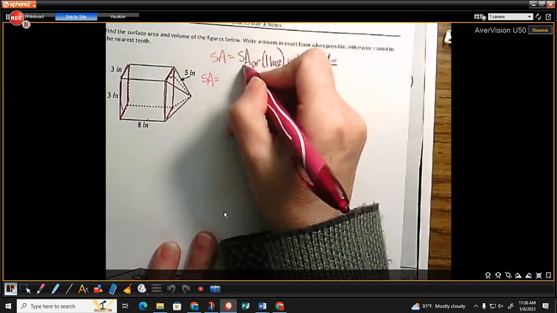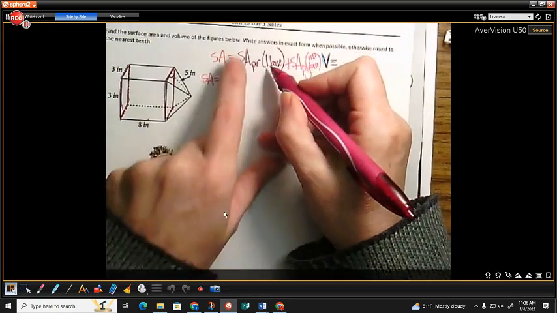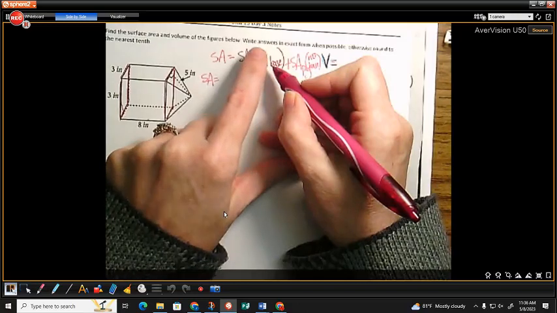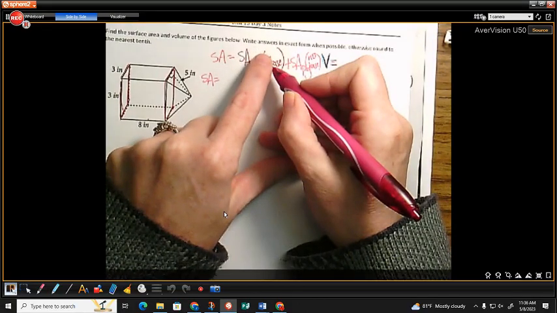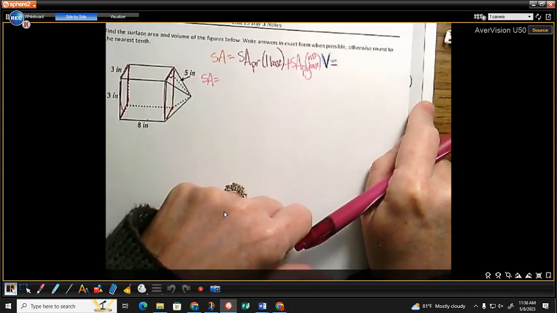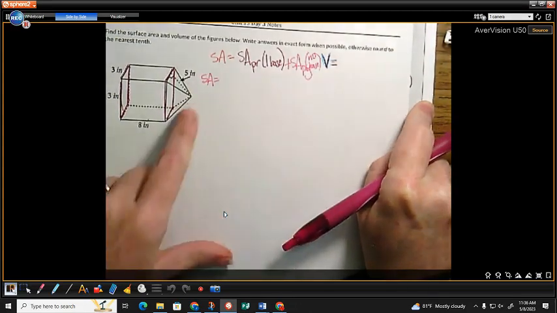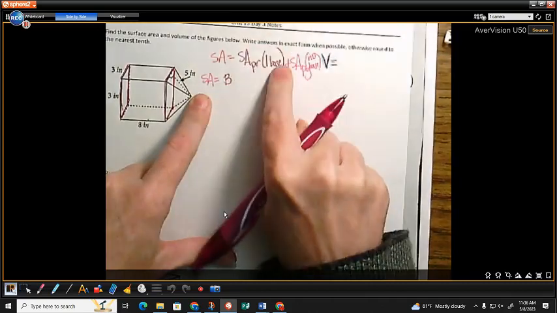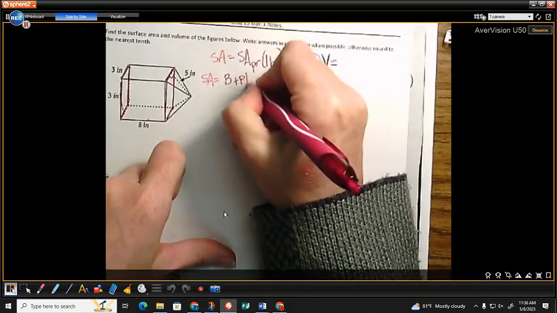Okay? To get the surface area of a prism with one base, what will the formula look like? Will it look like 2B plus PH? No, it'll look like one base plus perimeter times height.